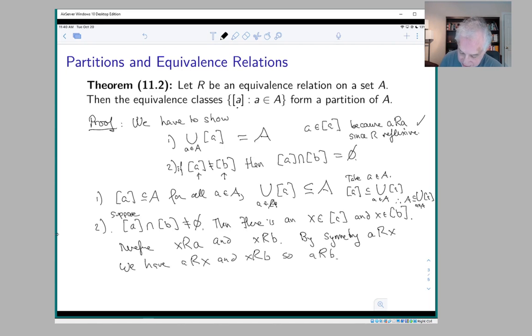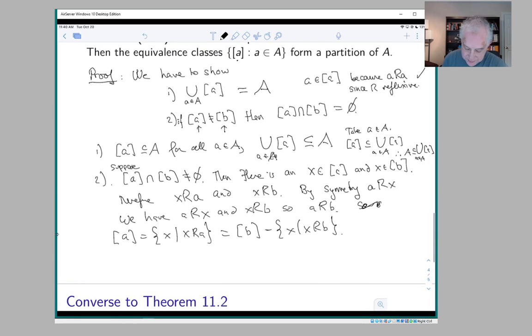In other words, a and b are actually equivalent. Now, if that's the case, then the set [a], which is the collection of x such that x is equivalent to a, is actually equal to the set [b], the set of x such that x is equivalent to b.